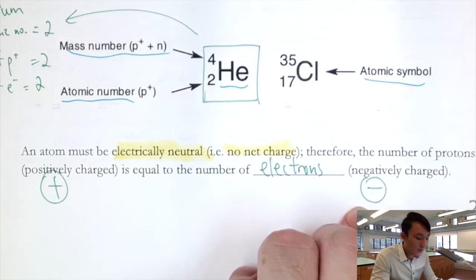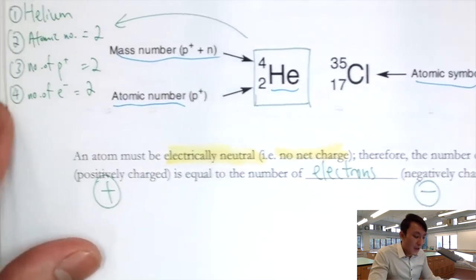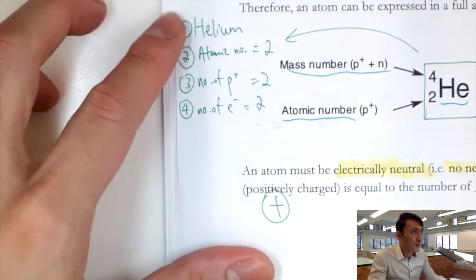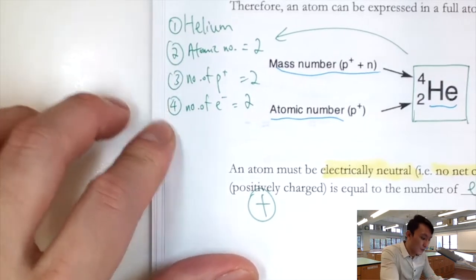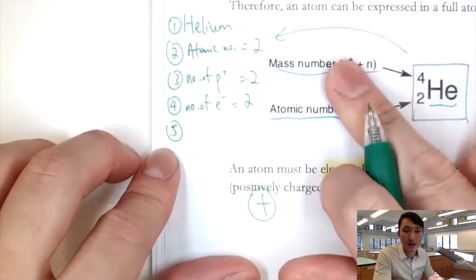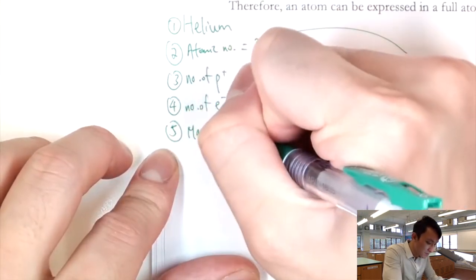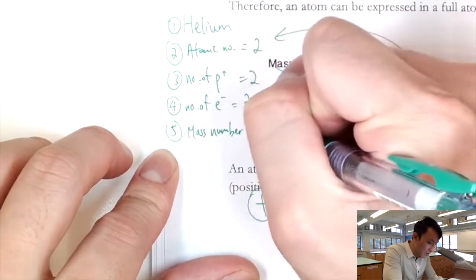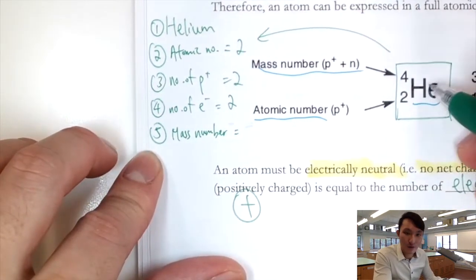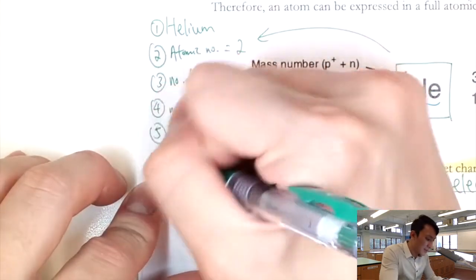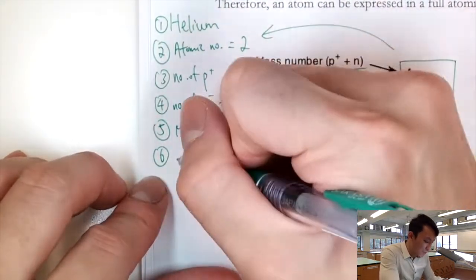Okay? Now, after knowing all these 4 pieces of information, the 5th information is, of course, the mass number. So the mass number equals just this top left-hand corner, which is 4. Okay? And last but not least, the number of neutron.